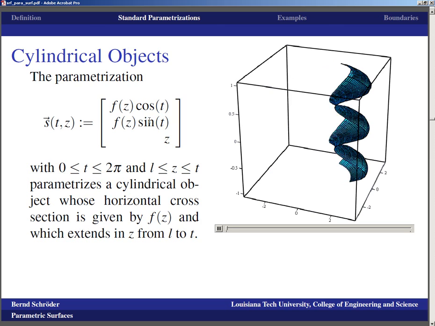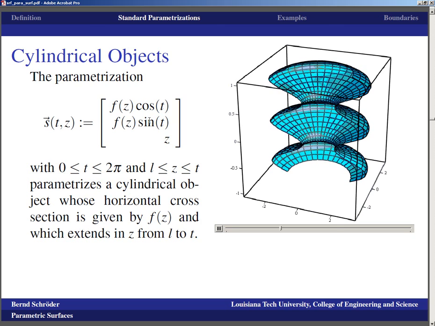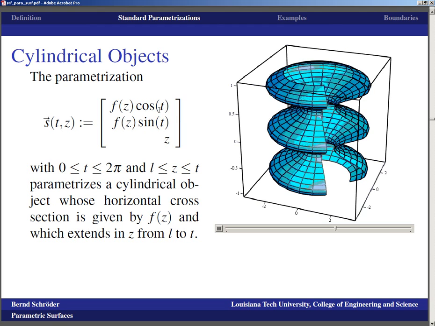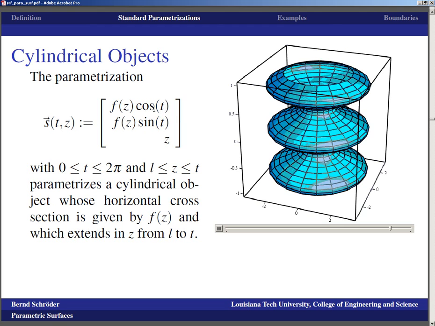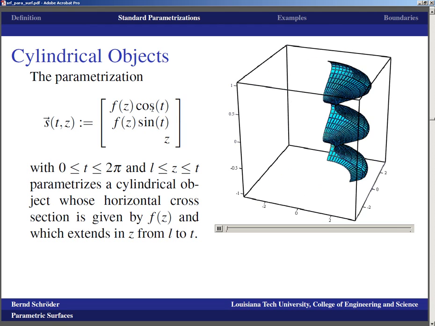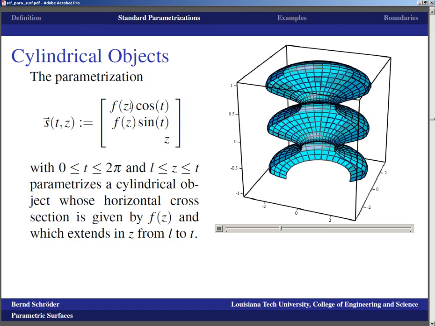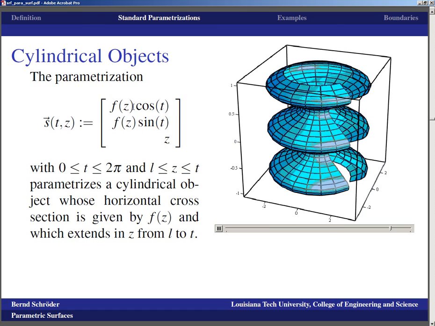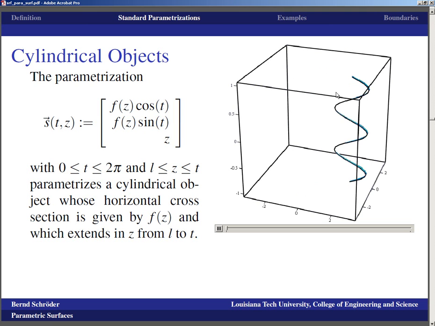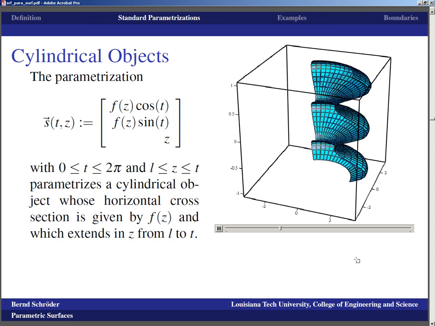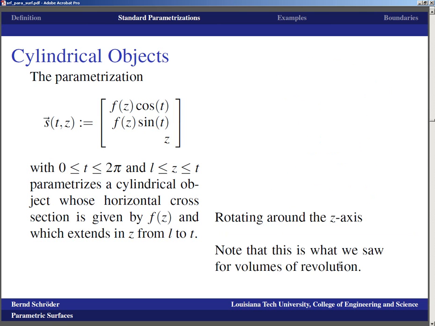All right, so the parametrization of a cylinder you definitely want to memorize. This one, I'm not sure if that's worth memorizing, because if you really understand how a cylinder works, then you can easily reconstruct for yourself how you vary the radius to get these round objects, these turned components. And that is exactly what we saw for volumes of revolution, right? So we can now model the surface of a volume of revolution.